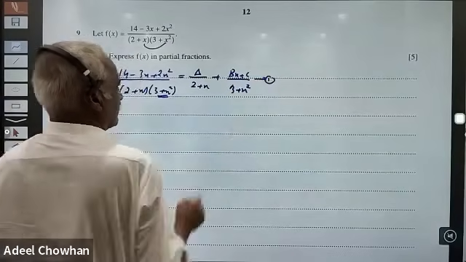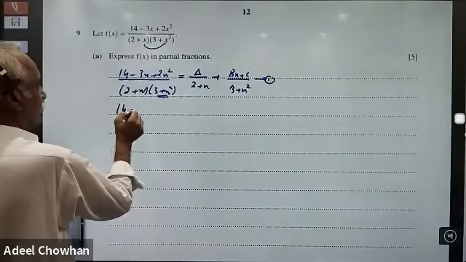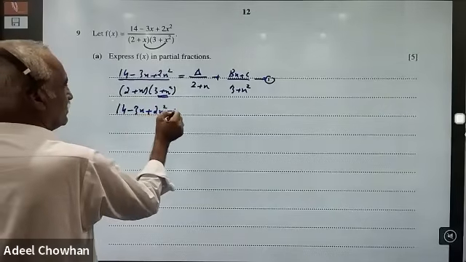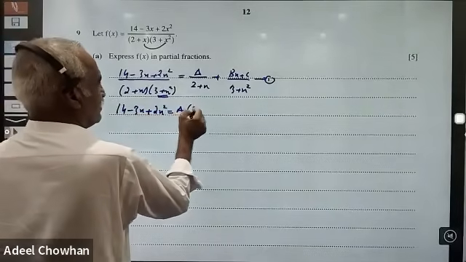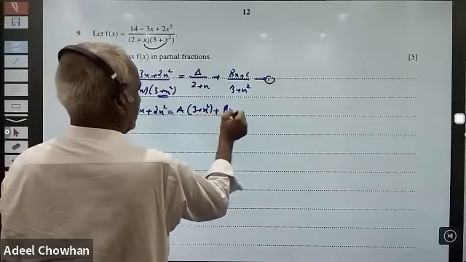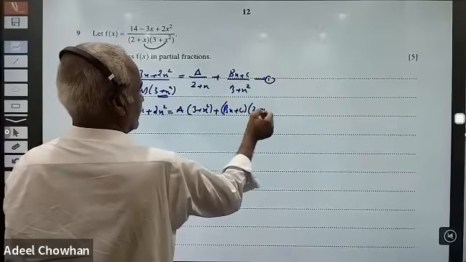Let's say it is equation number 1. Then we take the LCM, it should be equal to 14 minus 3x plus 2x square is equal to a into 3 plus x square plus bx plus c into 2 plus x.